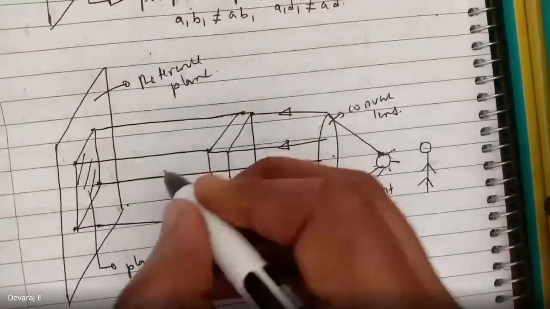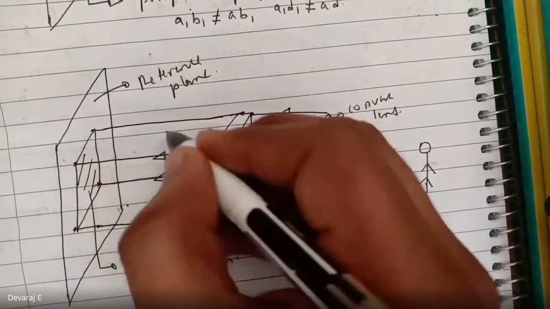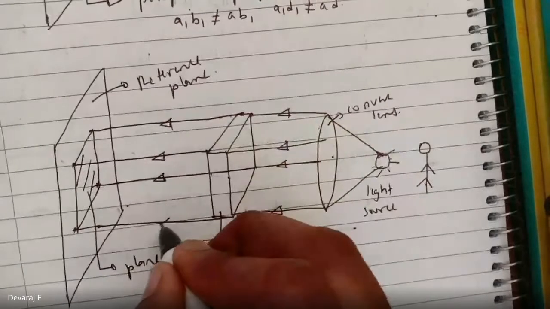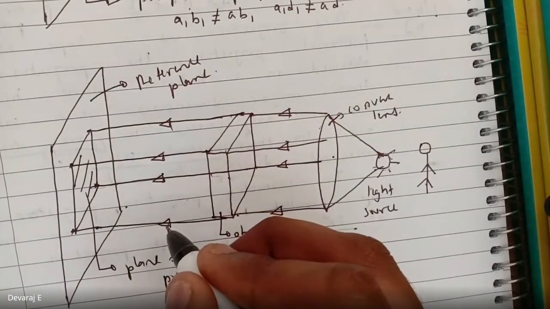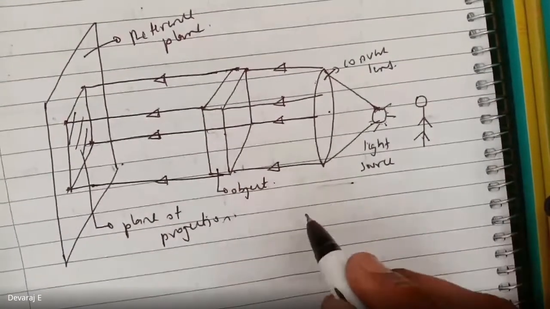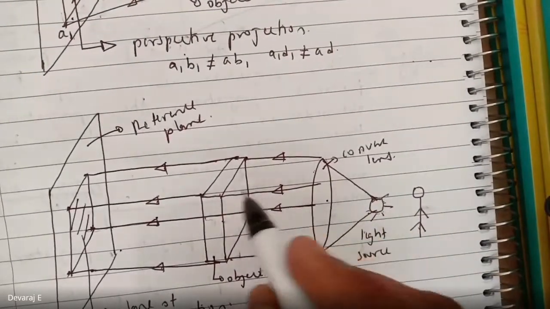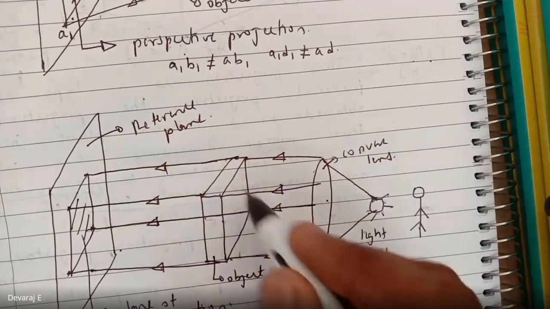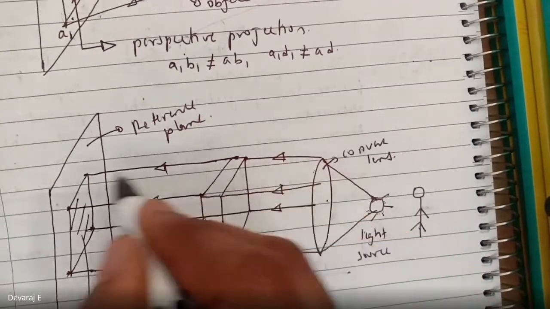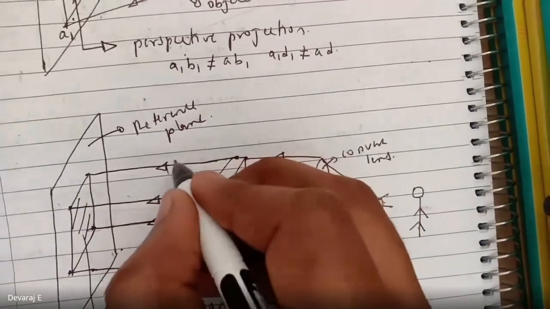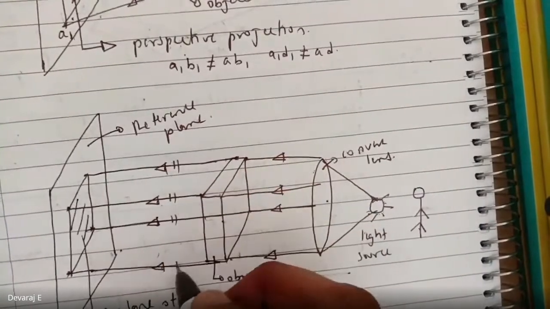So everyone is clear, right? These are called projectors, which are falling on the reference plane. Because we keep the convex lens here initially, the rays falling on the object will be straight. Always they will move straight. So these are called parallel, parallel to each other.